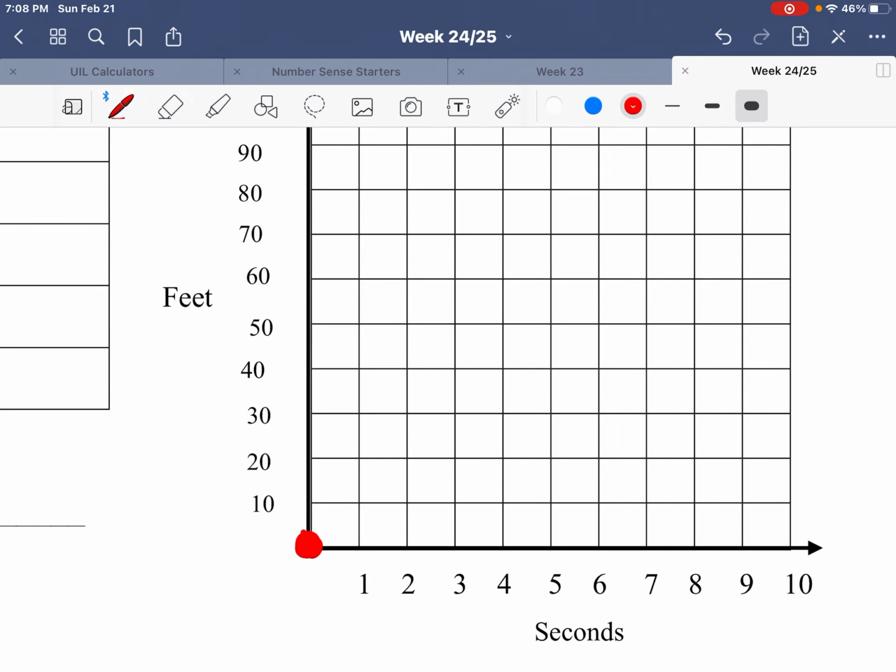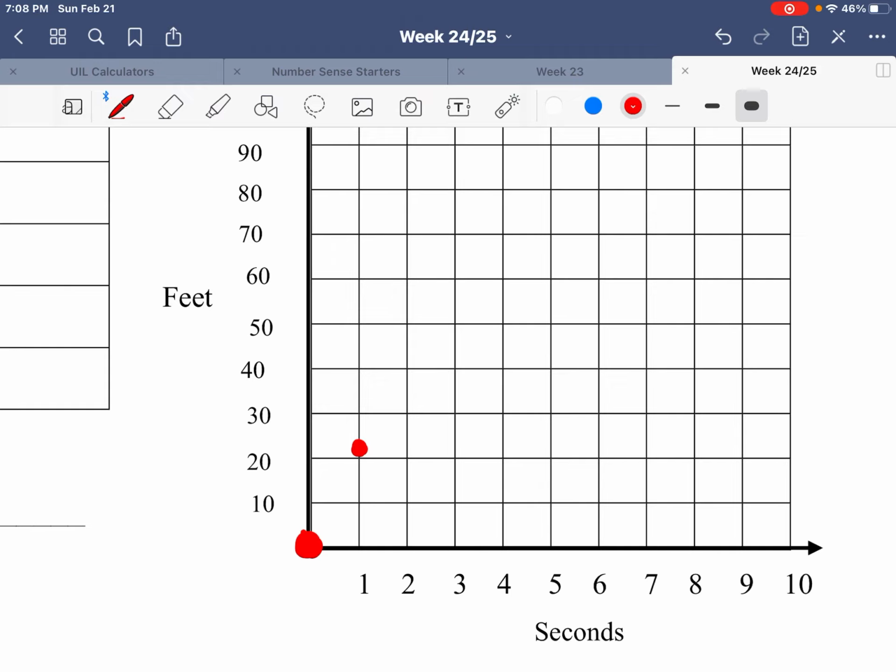But we do know that after 1 second, that cheetah will have run 22 feet, which would be somewhere between 20 and 30, but closer to 20 on the y-axis. So we'll put our dot on our graph right there. Okay, just on the 1 for x, but a little bit above 20 on the y.